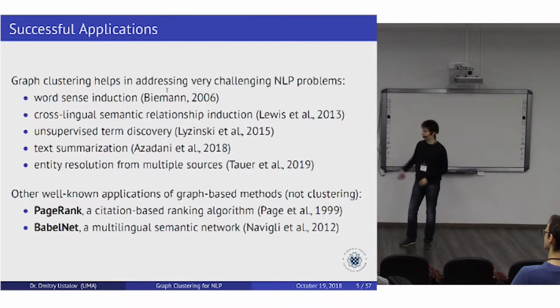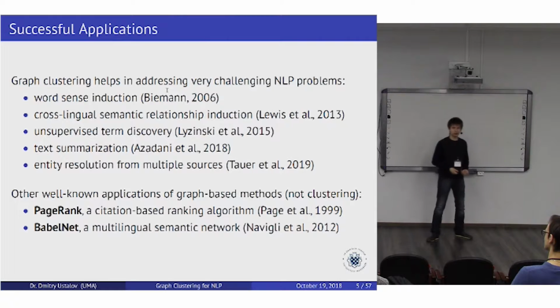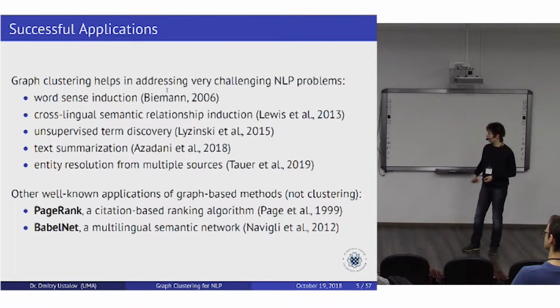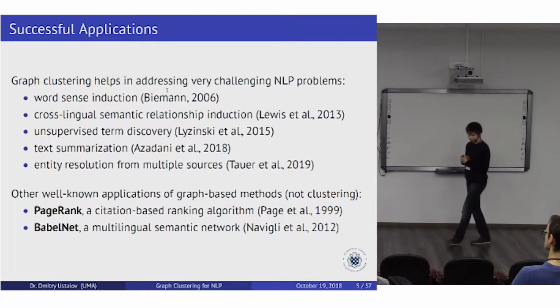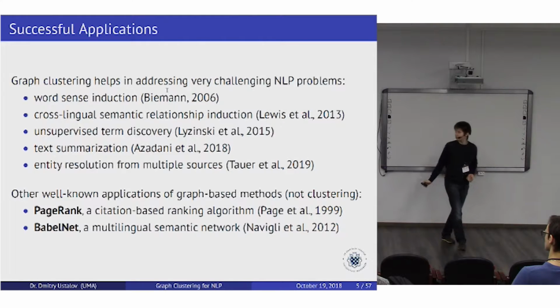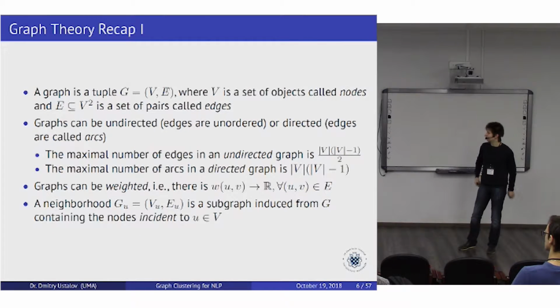The first one is PageRank, the original ranking algorithm used by Google. The second is BabelNet, which is a large-scale, multilingual semantic network. It's also created using graph-based algorithms, but not clustering. So we focus on clustering aspects, and this will be our focus of interest.